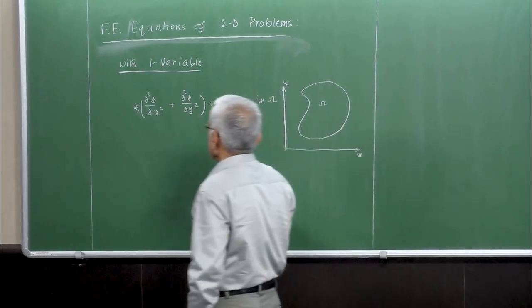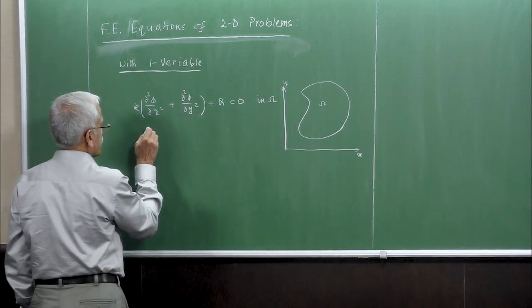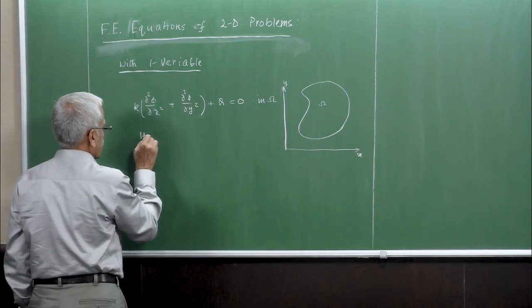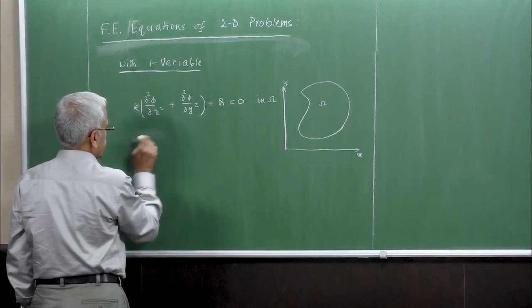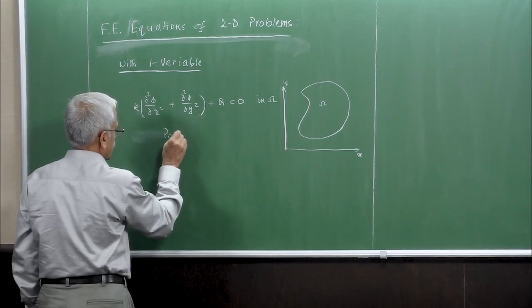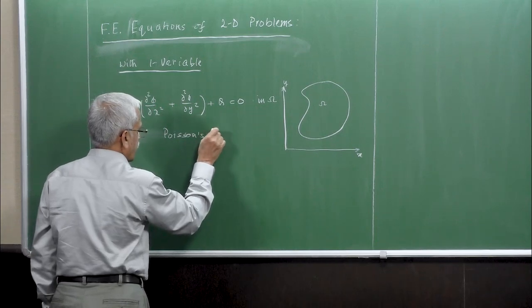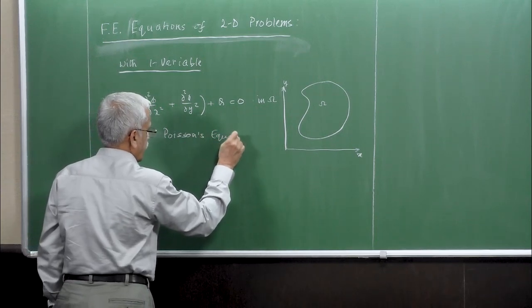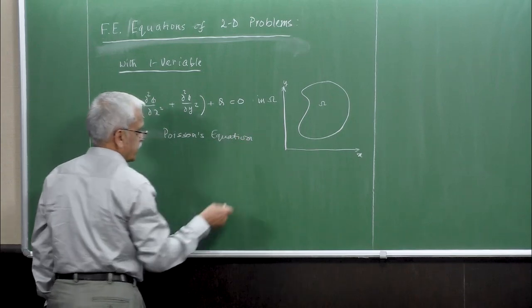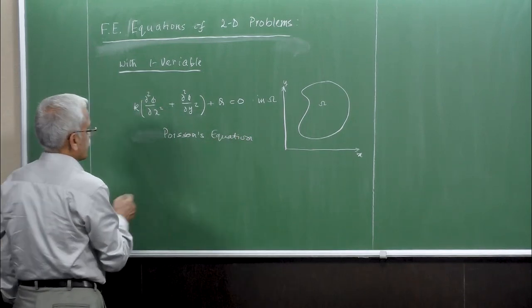And this is a heat conduction. So with respect to the heat conduction, this is the Poisson's equation, together with the boundary condition, of course.